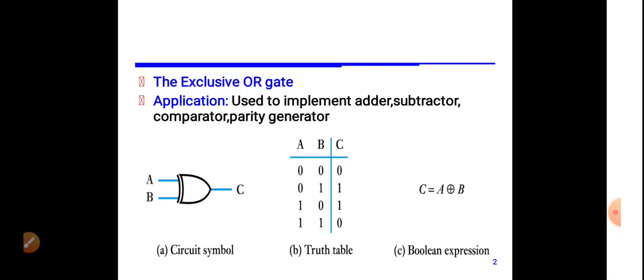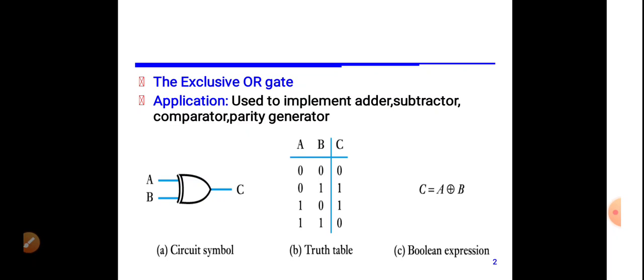The second case is 0 1, the inputs are not the same, so the output is 1. The third case is 1 0, as the inputs are different, the output is 1. For 1 1, again both the inputs are the same, so the output is 0. Whatever I am saying is valid only for the 2-input XOR gate: if the inputs are the same, the output is 0, and if the inputs are different, the output is 1.